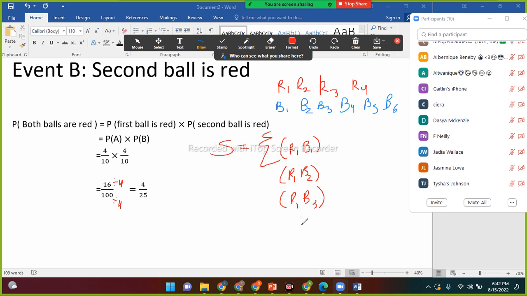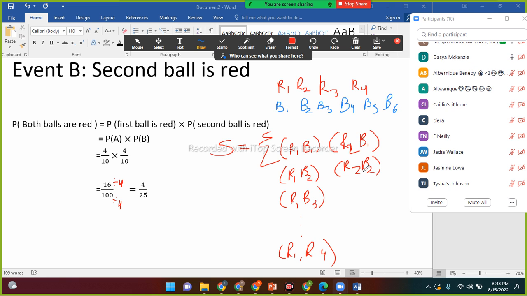And it's going all the way down until we reach R4. Good. And then we do the same thing for R2. It's going to be R2 with B1, R2 with B2. You understand what I'm saying, Deja?